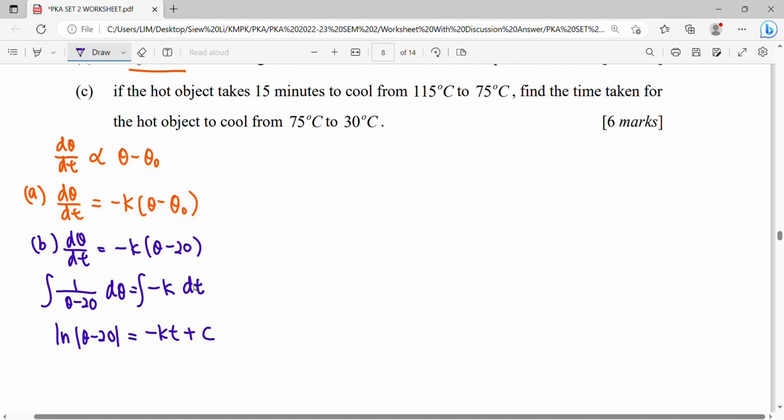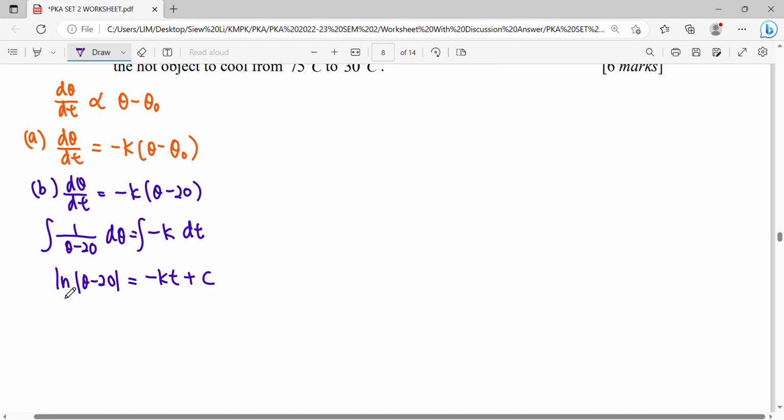Then we have to simplify until the general solution. General solution means θ as the subject, θ equals something. So simplify this, unlock the ln, leaving θ minus 20 equal to e to the power of everything here. Then we separate the e to the power c.